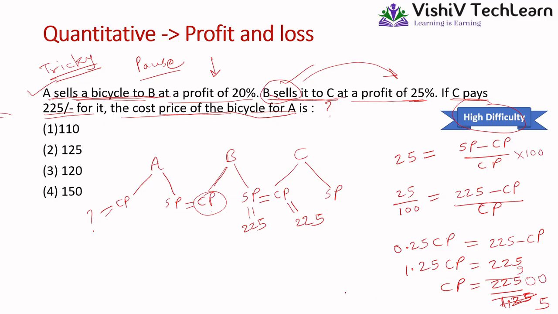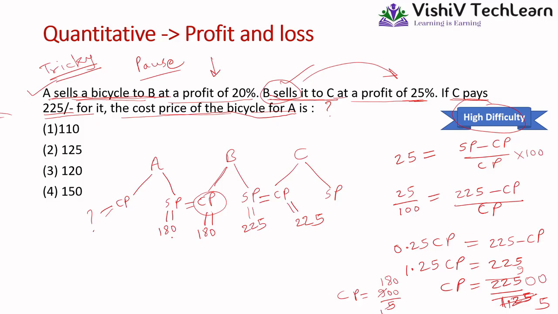So the CP here will be 900 upon 5. Let's divide it further. 5 1s are 5, 5 1s are 5 again, 4 is remaining, 5 8s are 40 and 0 as it is. So 180. So basically this cost price of C is 180, which is the selling price of A.